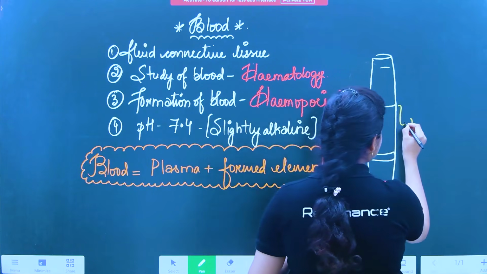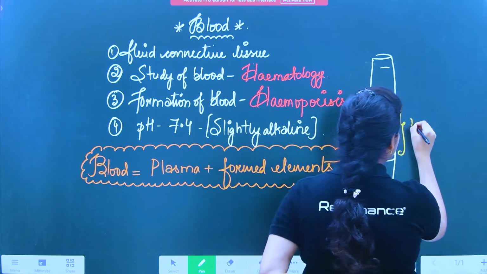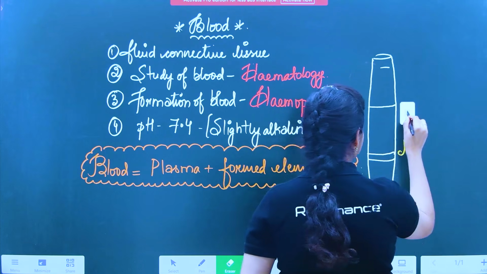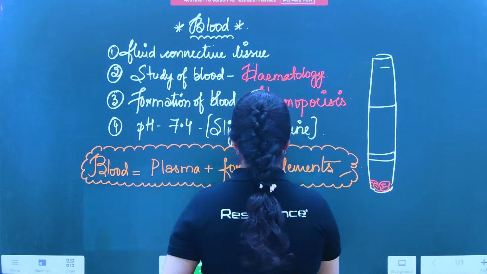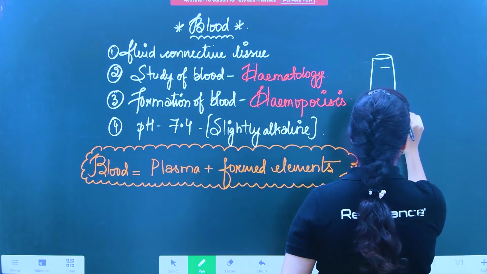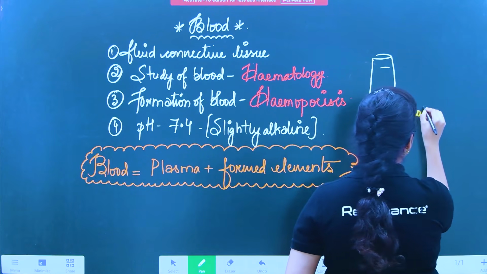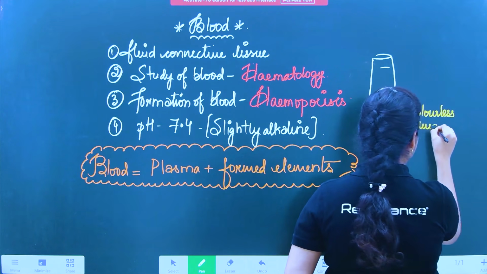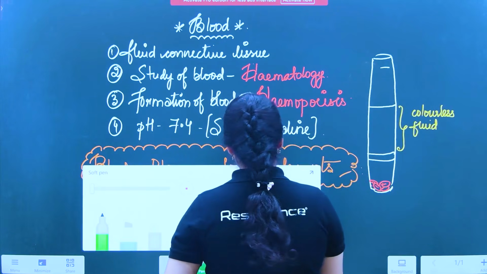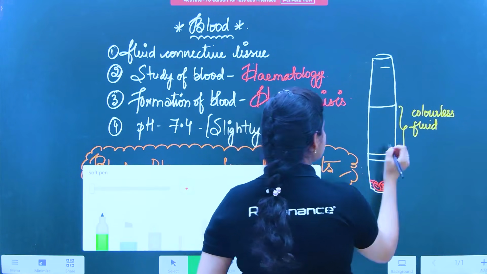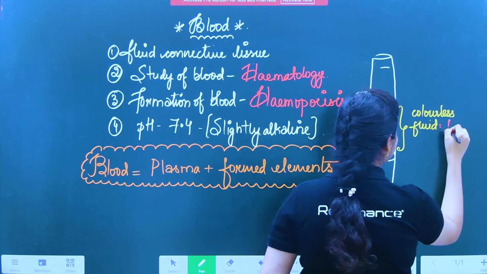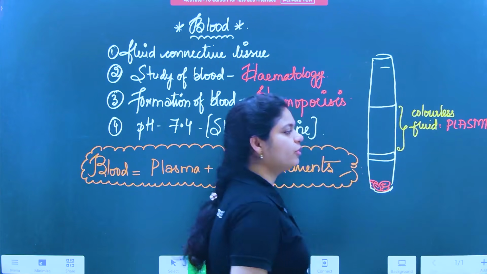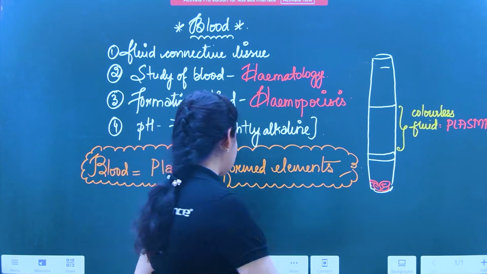In the test tube, this is a colorless fluid. This colorless fluid is called serum, or let us say plasma. This colorless fluid is called plasma.